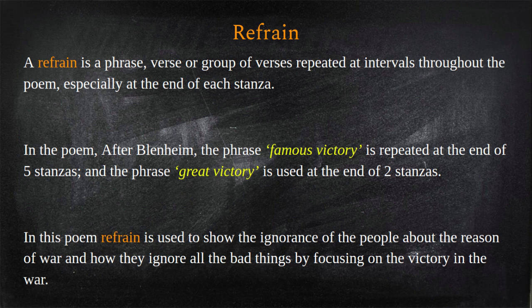Still, they don't call it a bad war or a bad victory. They just call it a great or famous victory. So, to show their carelessness or their attitude, the poet has used refrain. The poet has repeated some phrases in this poem.